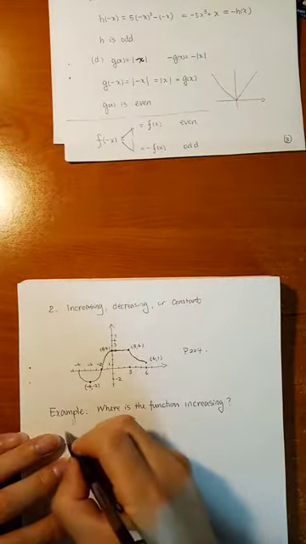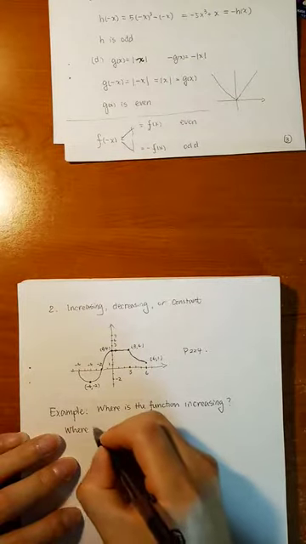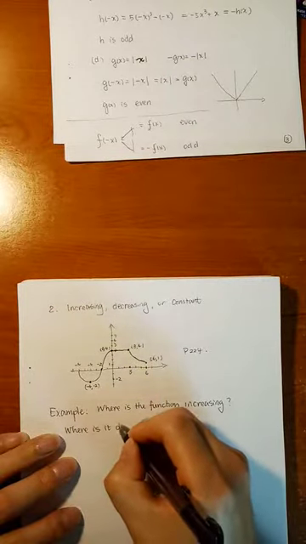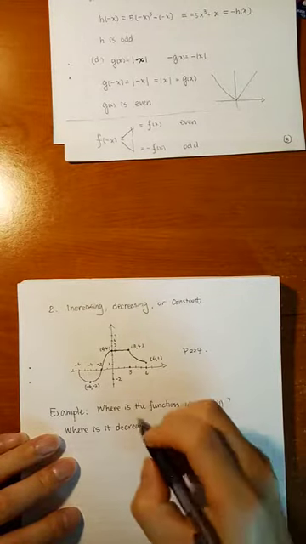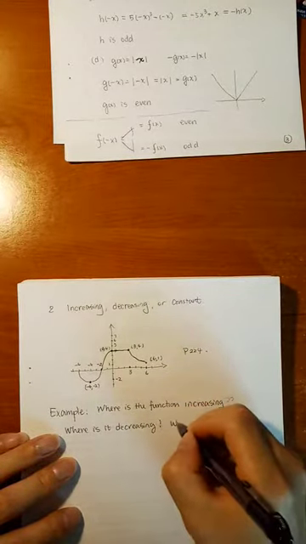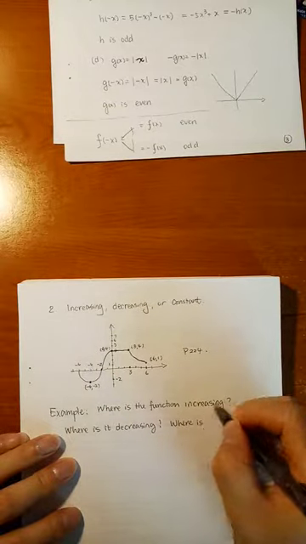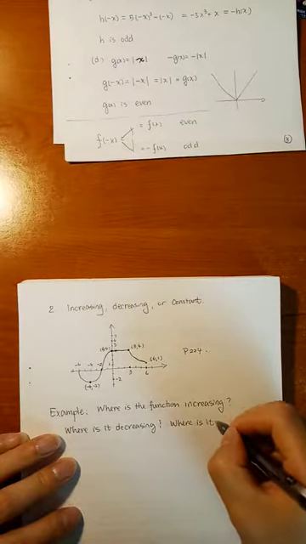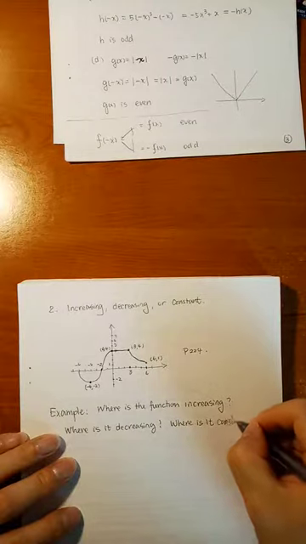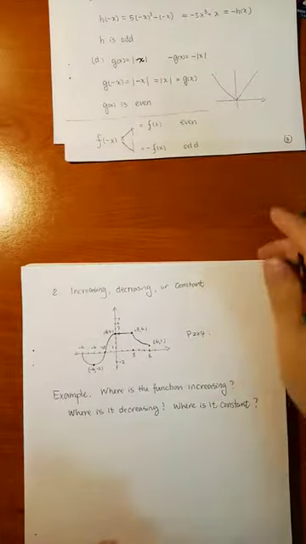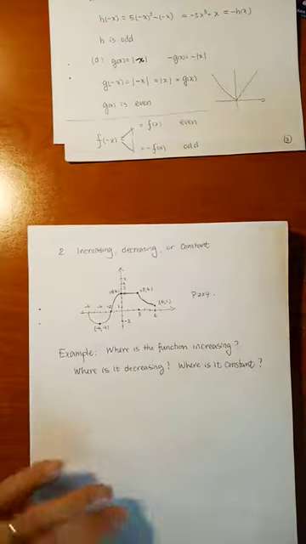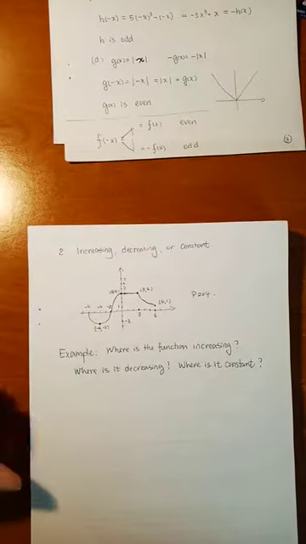Where is it decreasing? Where is it constant? Okay, so that's a question. Where is it increasing and decreasing and constant in the graph, from the graph?